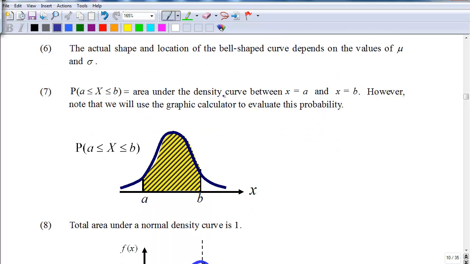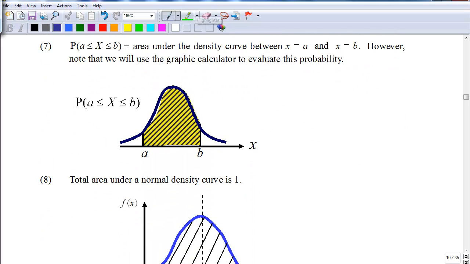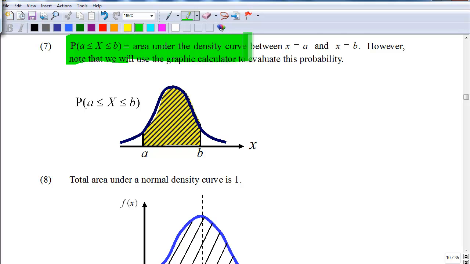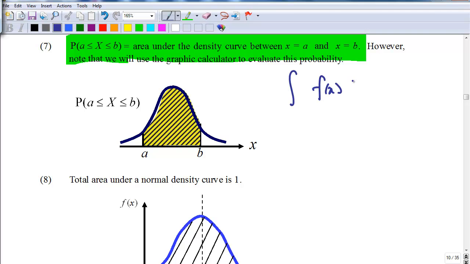Moving on, the next property is something really important. If I want to find the probability of x between A and B, this is defined to be the area under the density curve between A and B. If you want to find area, remember what you need to do: you have to integrate the equation of the density curve from A to B. But this is a complicated looking equation, and the good thing is you can actually use your GC.